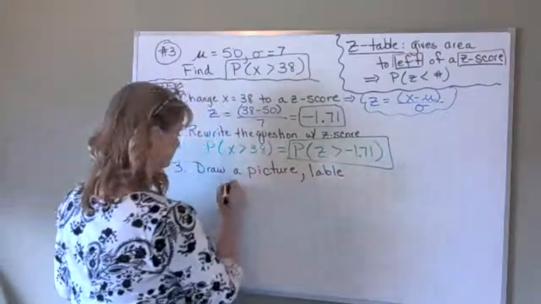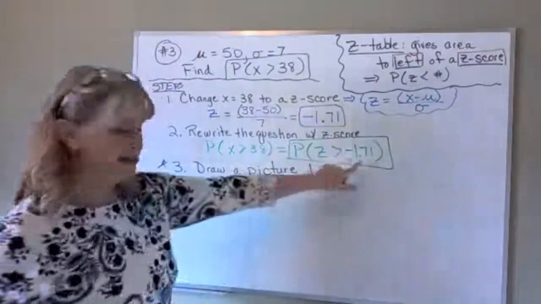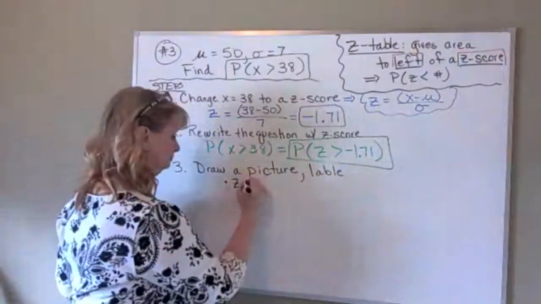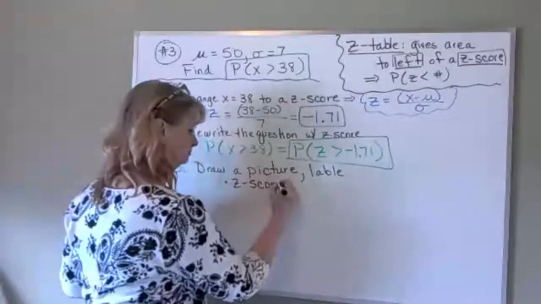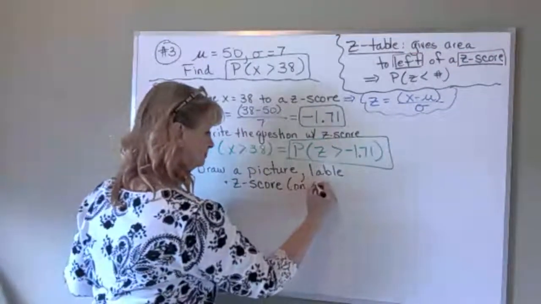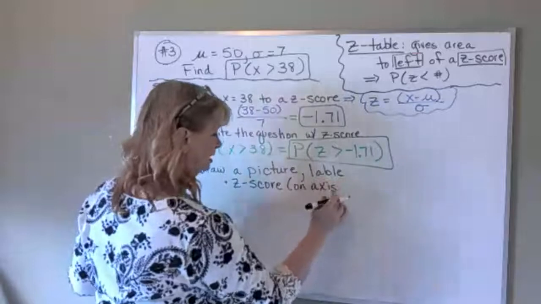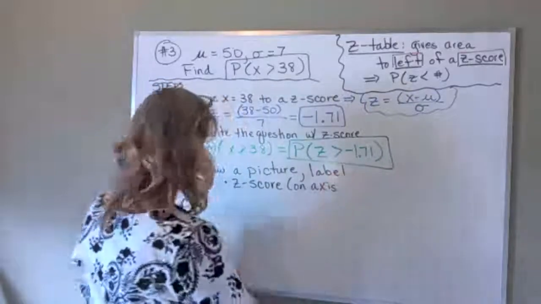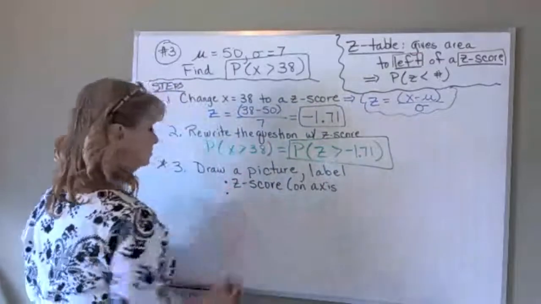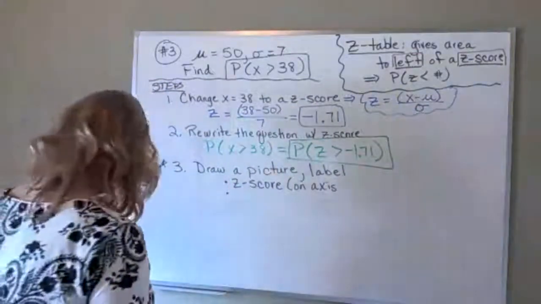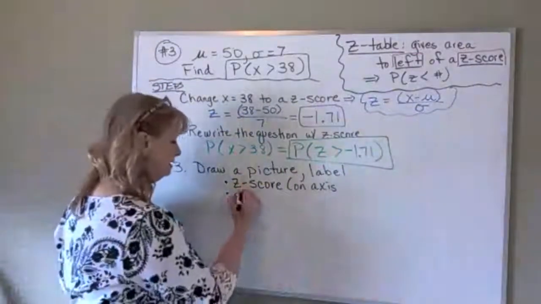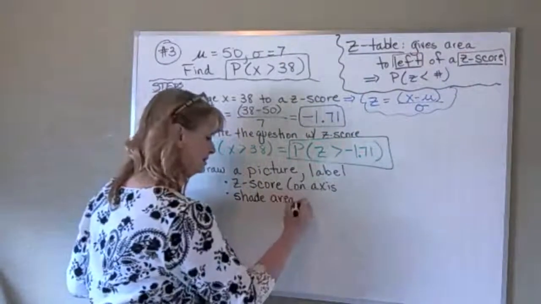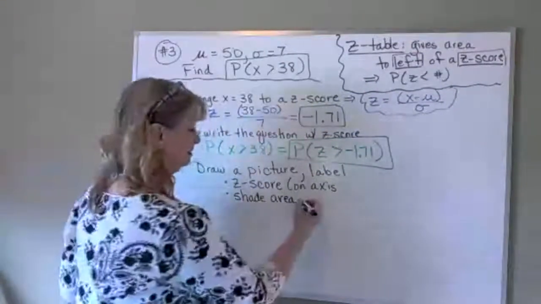We're basically going to label, there's really 3 different things you label. We're going to label that z-score on the axis. We're going to shade the area that we need.